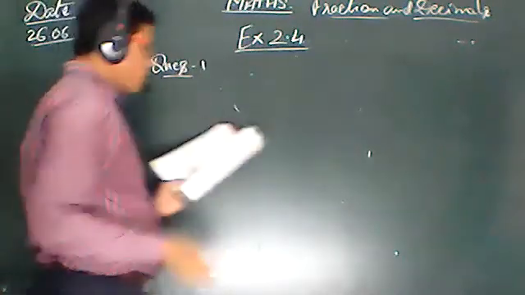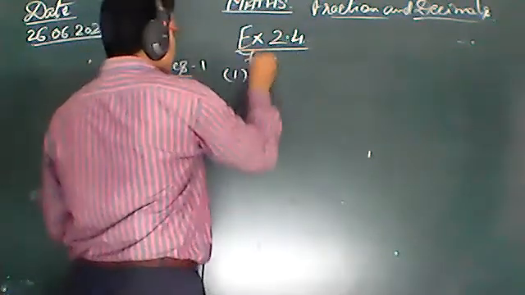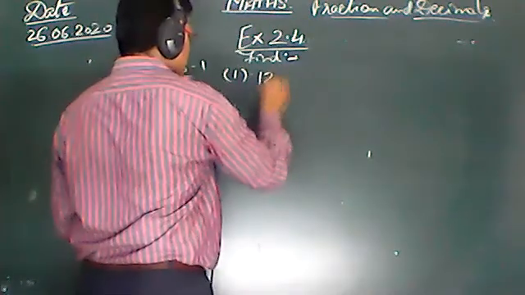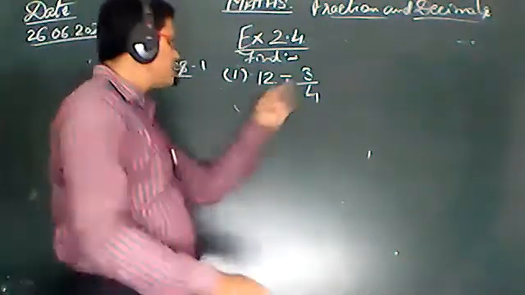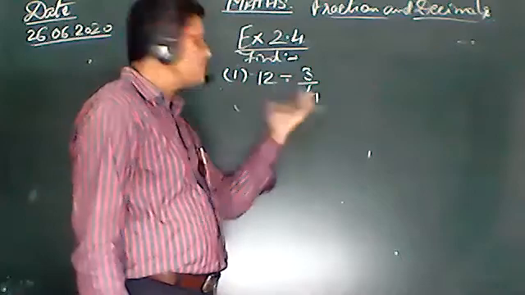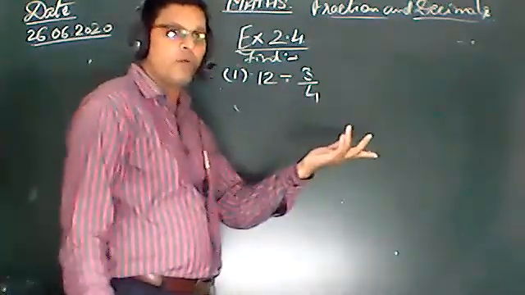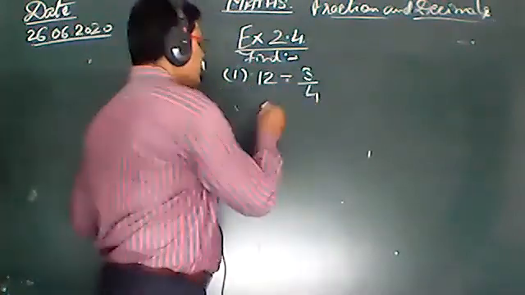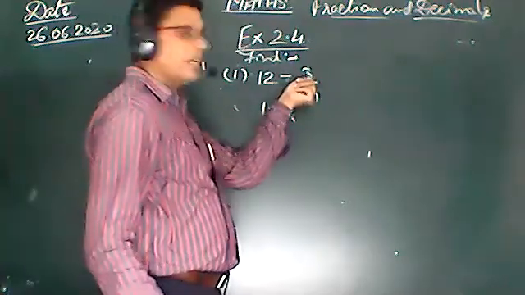Question 1. Find the first part of the question. You have to find 12 divided by 3 by 4. It is very easy. This is the dividend part and this is the divisor part. If you convert into the multiplication form, then we take the reciprocal of the divisor.